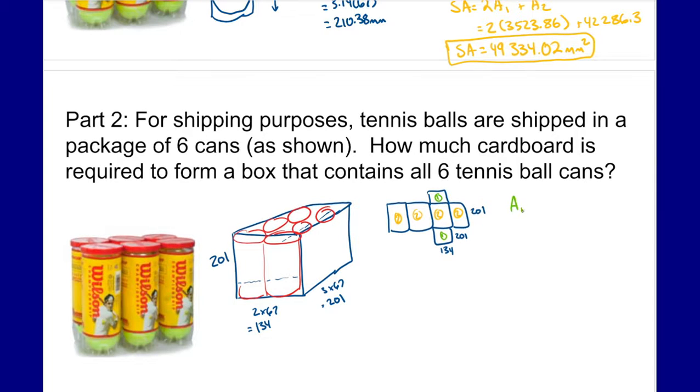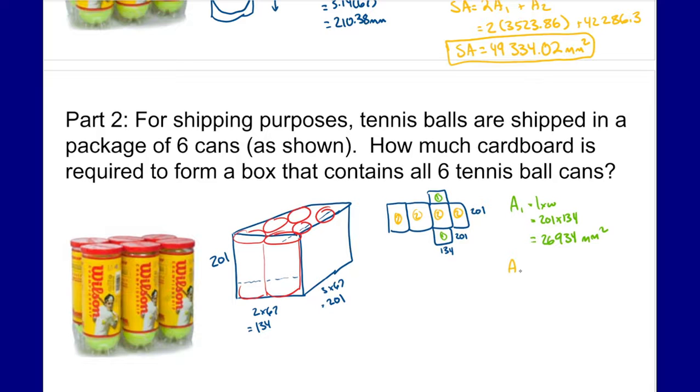So if we find the area of our end pieces, length times width, 201 times 134, we get 26,934 millimeters squared.